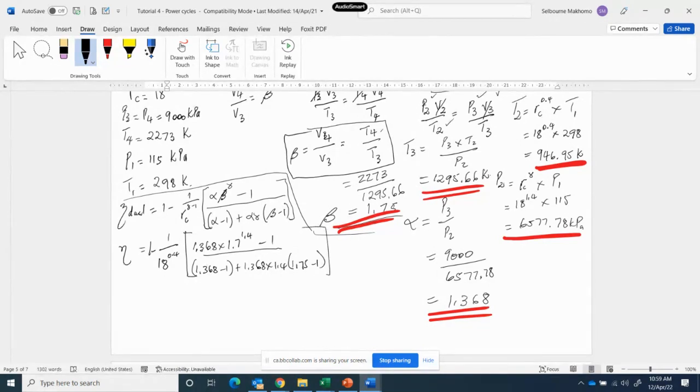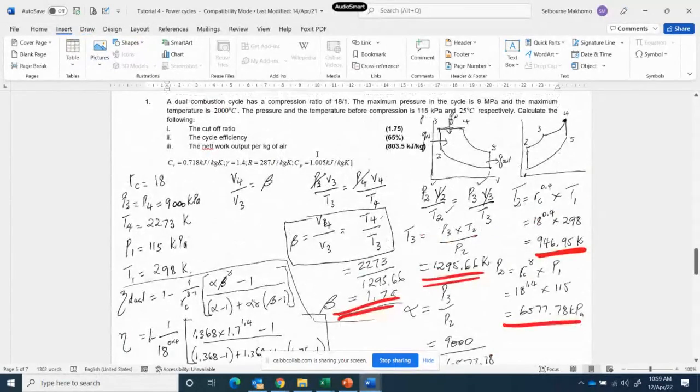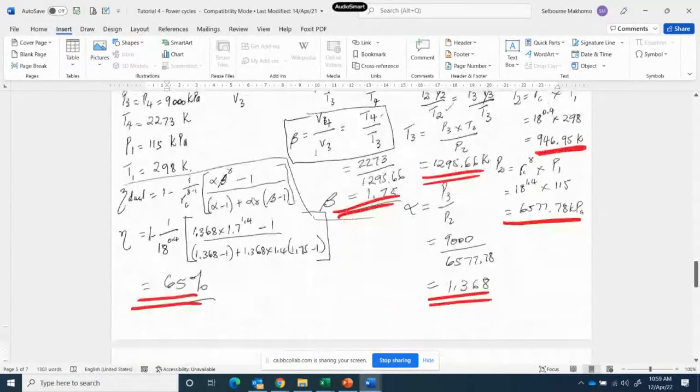This is where students struggle. To get the answer here is going to be a big struggle. So the final answer here is 65%. Everything is correct here, but using your calculators to get this value is going to be a serious problem.